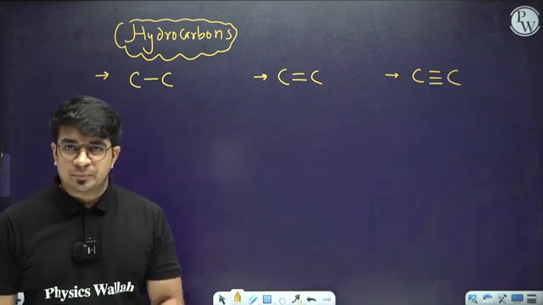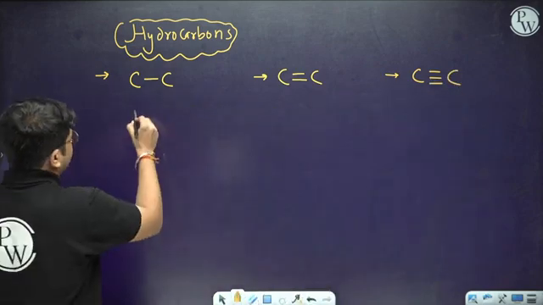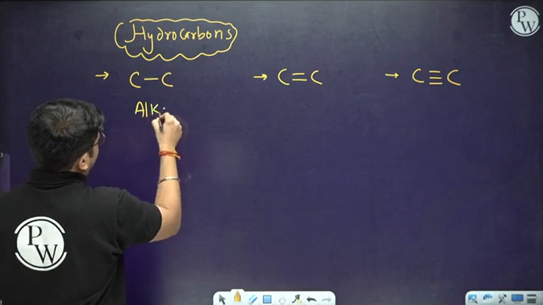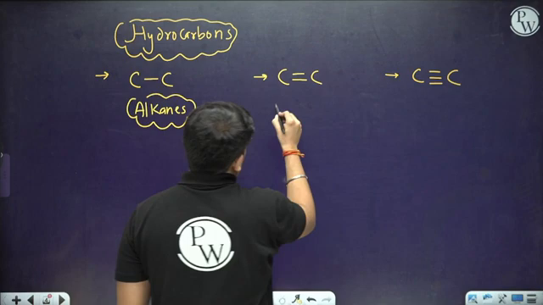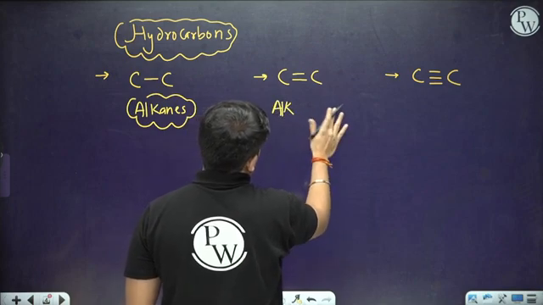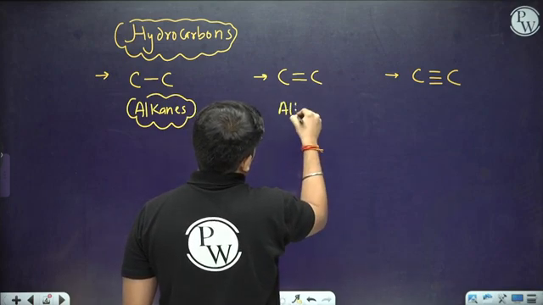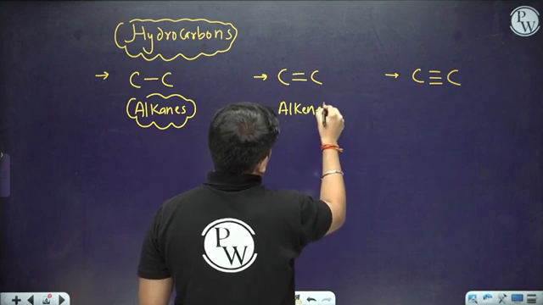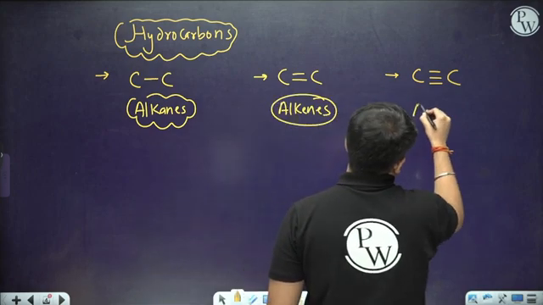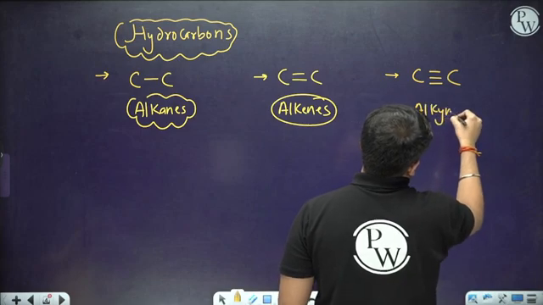So basically this chapter has 3 portions. First one is simple alkanes, next part will be alkenes, and last part will be alkynes.